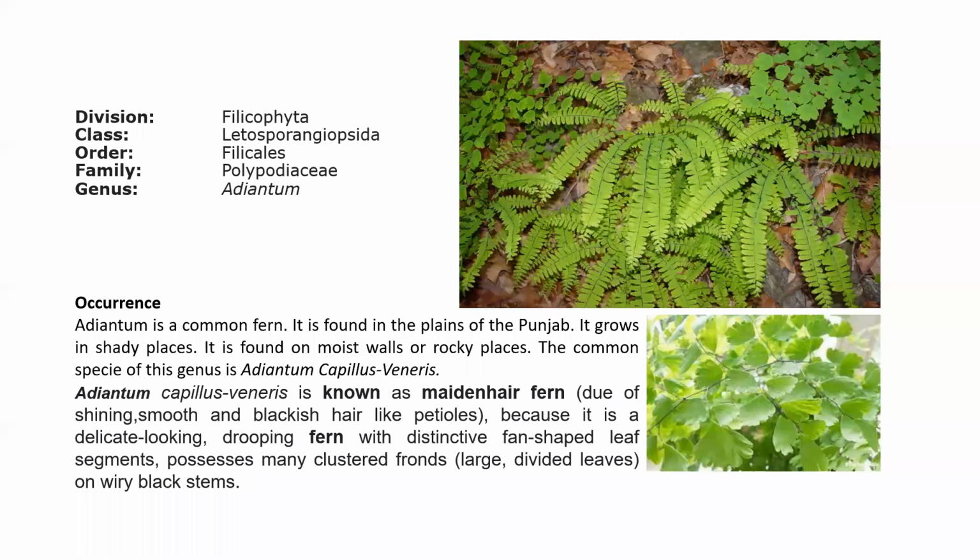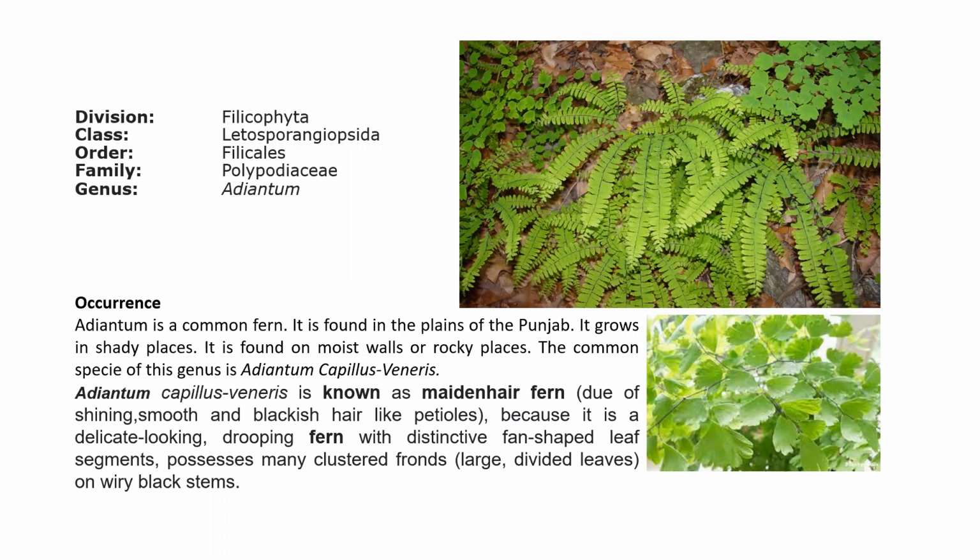Basically, the arrangement of the leaves differs from species to species. In the pictures shown on your screen, there are two different species of Adiantum, and both species have different shapes of leaves and different arrangements of the leaves.